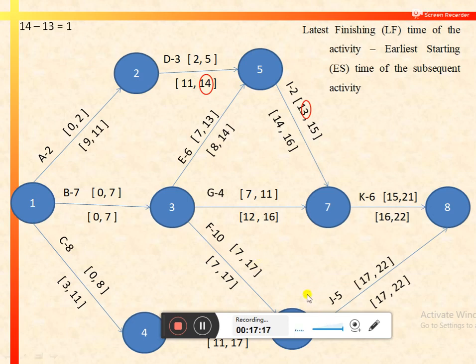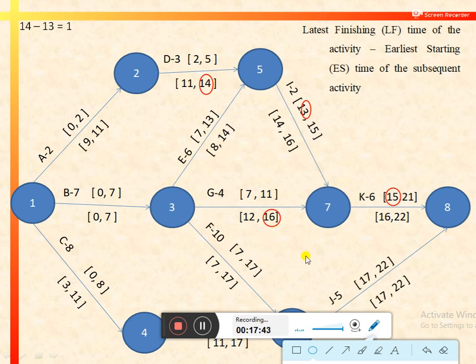In a similar way, we can calculate the interfering float for activity G. For activity G, the latest finish is 16, and K is the subsequent activity of activity G, and its earliest start is 15. So again, the interfering float for activity G would be 16 minus 15, that is 1.